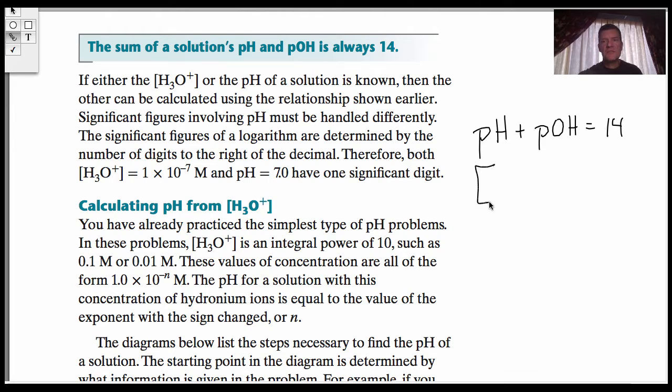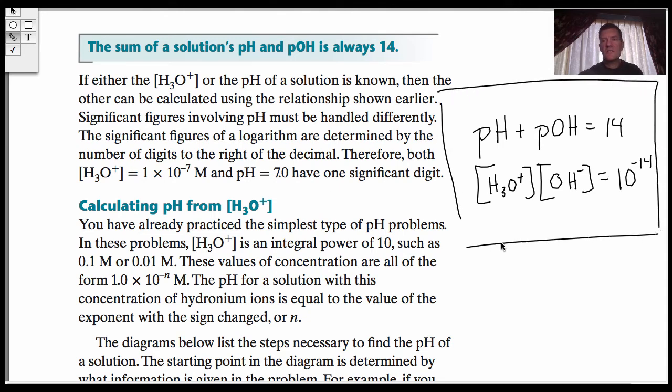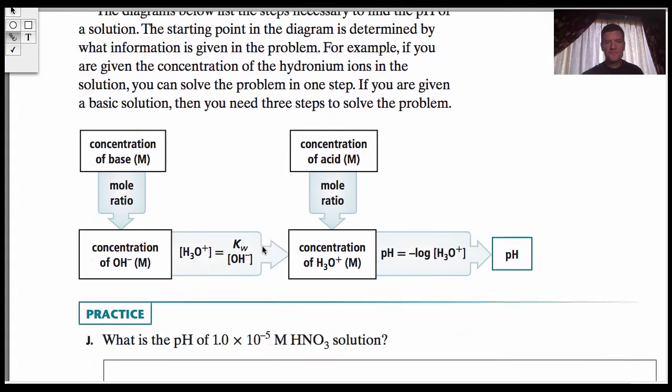And the product of the hydronium concentration and the hydroxide concentration is always 10 to the negative 14. Notice there are 4 variables: pH, pOH, hydronium, and hydroxide. If I give you just one of those 4, you should be able to find the other 3. Okay? Let me show you what I mean.